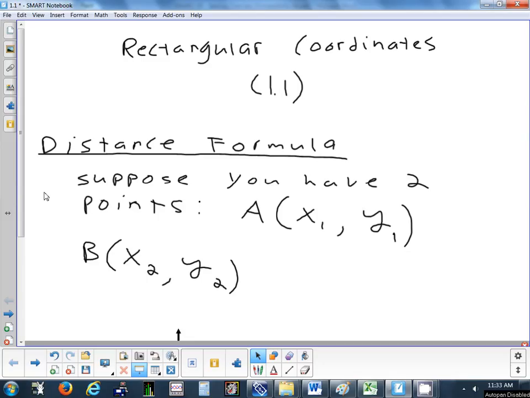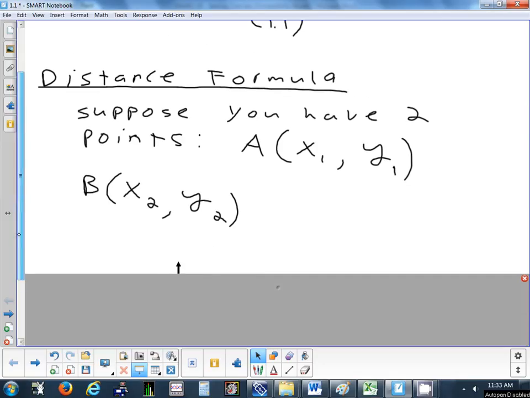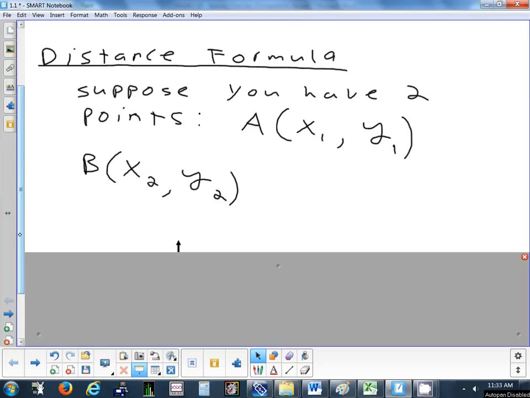So what I'm going to do is make a picture. When they have you do a problem like this, they give you numbers: the x1, the y1, the x2, and the y2.